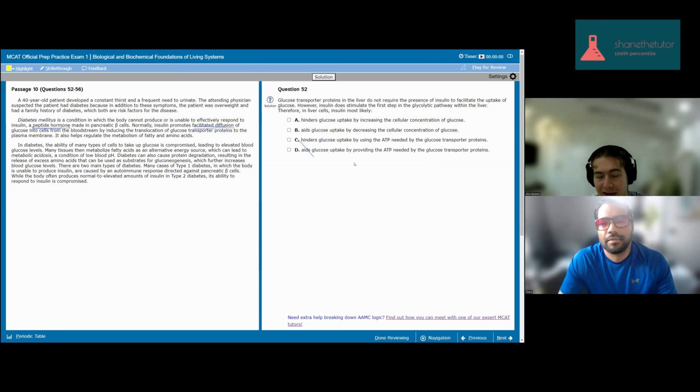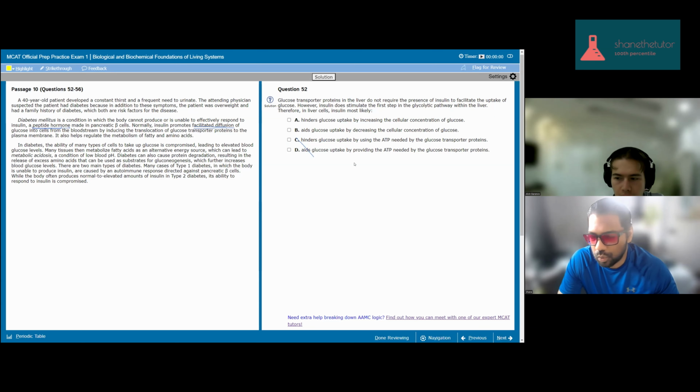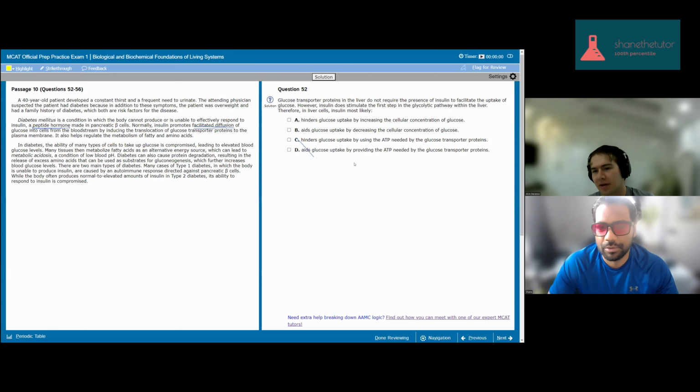I was just a little confused, because isn't A wrong? Well, tell me your thoughts. Because if you're increasing cellular concentration of glucose, you're increasing glucose uptake, no? Not necessarily, I guess.